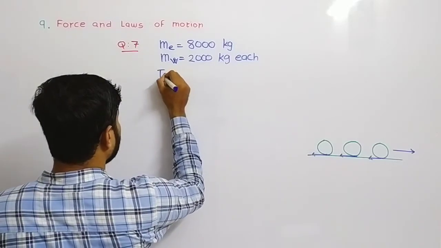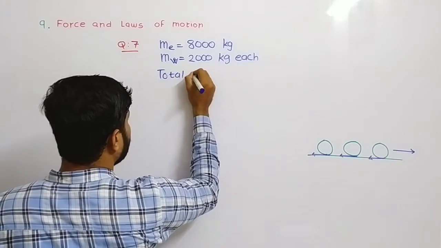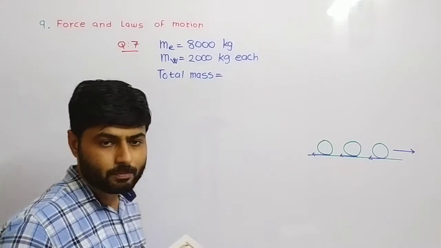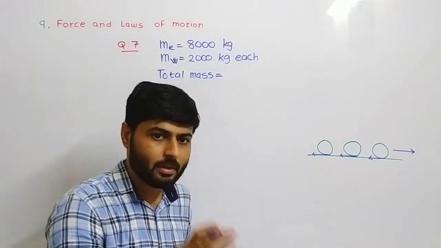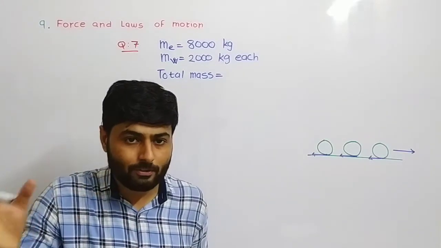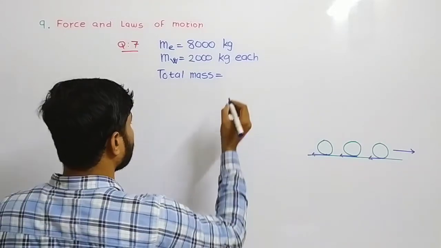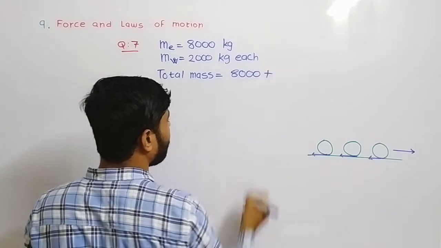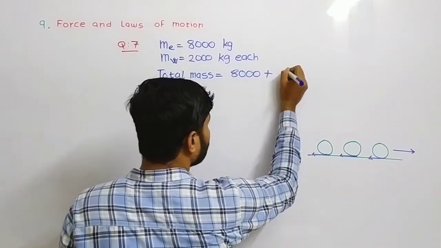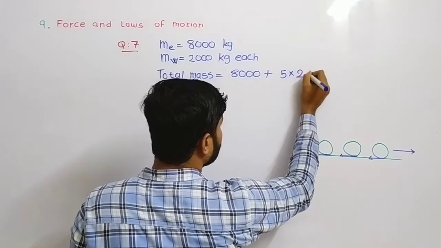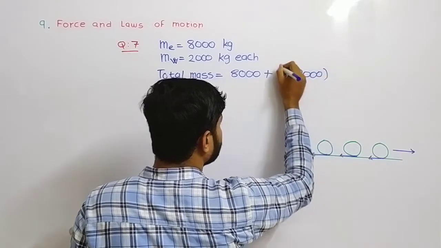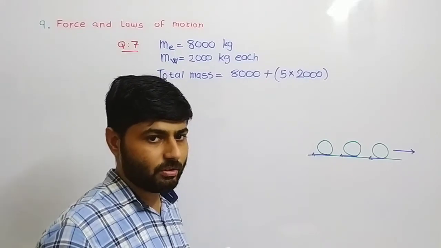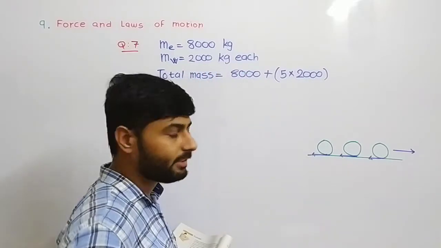So total mass is equal to mass of engine plus mass of all 5 wagons. So mass of engine is 8000 kg plus 5 into 2000, because we have 5 wagons and the mass of each wagon is 2000 kg.